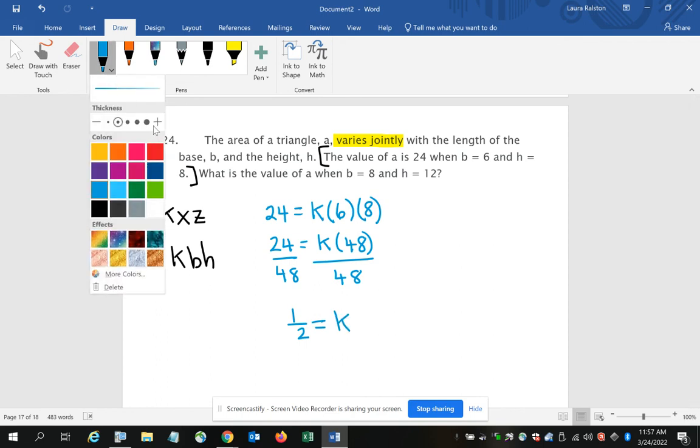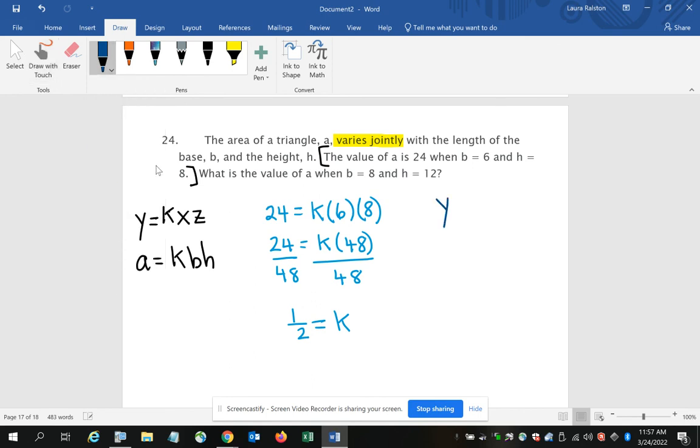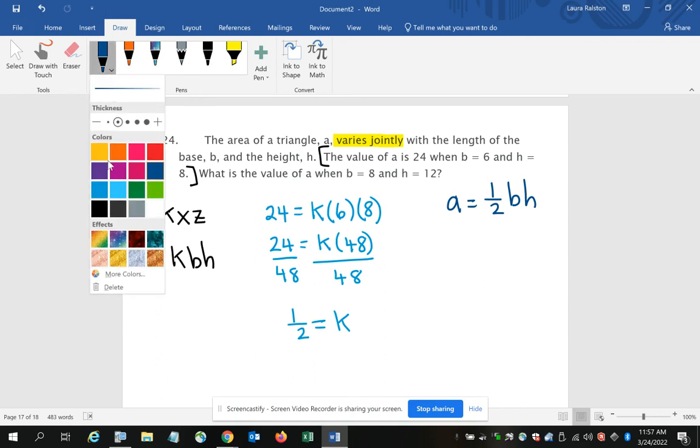So in its non-generic form, we have Y, or let's do it in terms of the A and the B for you. We have A equals 1/2 times B times H. And then we use this last sentence to figure out the final answer.